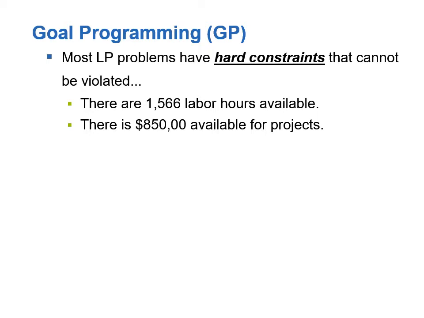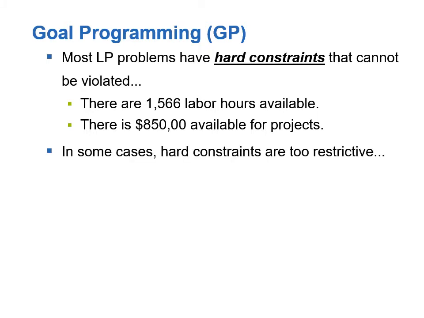But for some reason, if it's not possible to satisfy this, then you may exceed it a little bit. So there is this opportunity, this possibility. If that is the case, then we cannot say this is a hard constraint because you are allowed to exceed it.